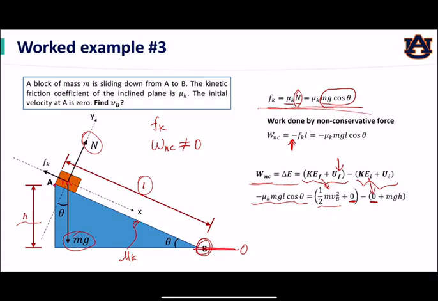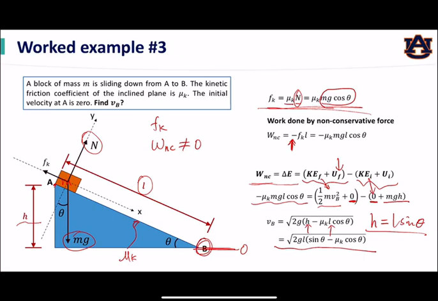And initially A is h above our reference point, so the potential energy should be mgh. With this equation, we can find the symbolic expression of v_B, and here we have both h and L in our equation. If we want to further simplify this, we can apply h equals L sine theta, so that we can obtain our final answer here.